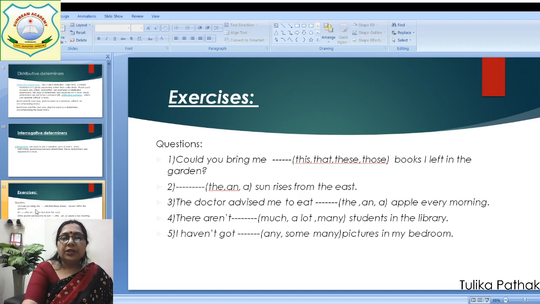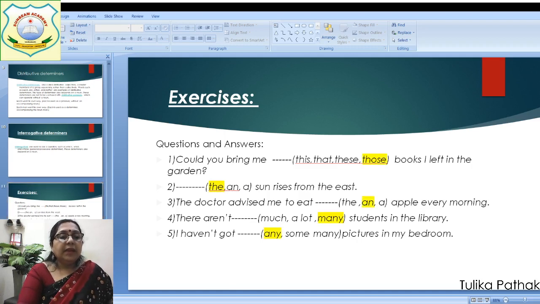Third question: The doctor advised me to eat blank, the and a apple every morning. Fourth question: There aren't blank, much, a lot, many students in the library. Fifth one: I haven't got blank, any, some, many pictures in my bedroom.